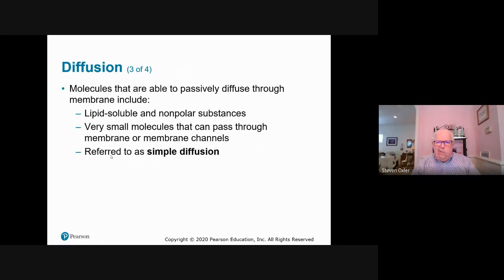Molecules that are able to passively diffuse through a membrane do so by simple diffusion. They don't need channels. They don't need energy. Oxygen and carbon dioxide are gases that will go in and out of your lung without energy.